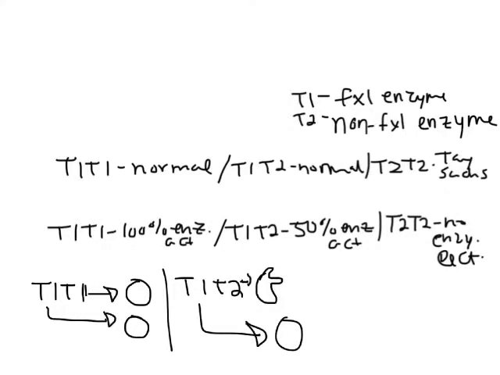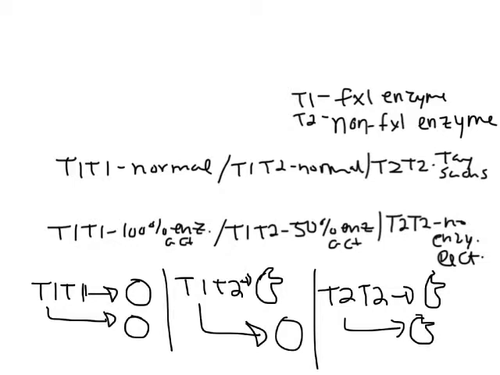So this is the non-functional version, but it still produces something. T2 T2 has all of its enzyme in the non-functional form. And so you see here the codominance is because you see both phenotypes. So this is one phenotype, this is the other, and then you see both of them here in the heterozygote.